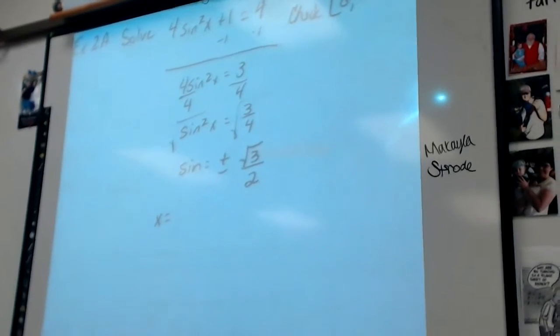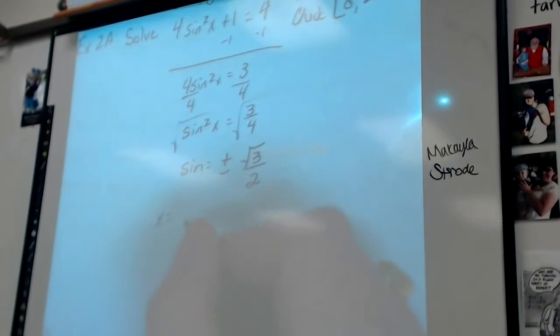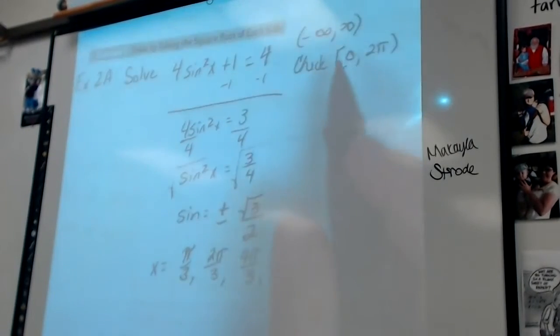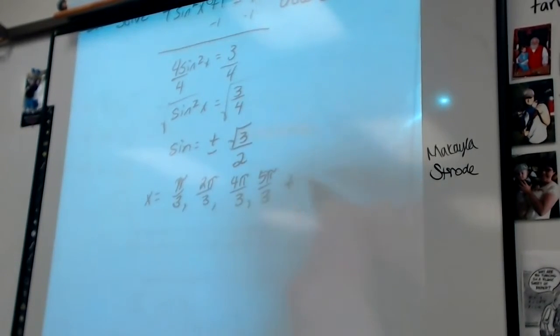So x equals, and just to save space, I'm going to cheat a little bit, still writing each one of them separately. We're going to put pi over 3, 2 pi over 3, 4 pi over 3, 5 pi over 3, and then since we're doing negative infinity to positive infinity, we would have to do multiples of the period, which would be 2 pi.